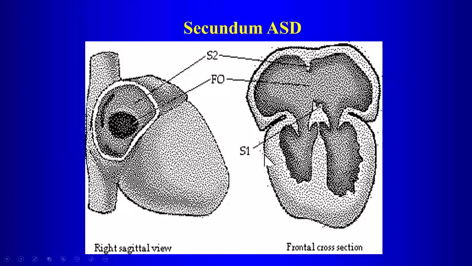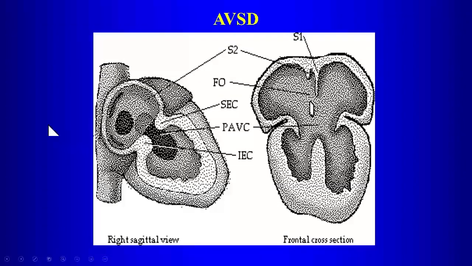The most common atrial septal defects will be septum secundum defects. These are big holes right in the center of the atrial septum. If there are problems with development of the endocardial cushions, then you can have atrioventricular septal defects or endocardial cushion defects. In the complete form, this gives you a big hole in the center of the heart that allows communication between all four chambers.